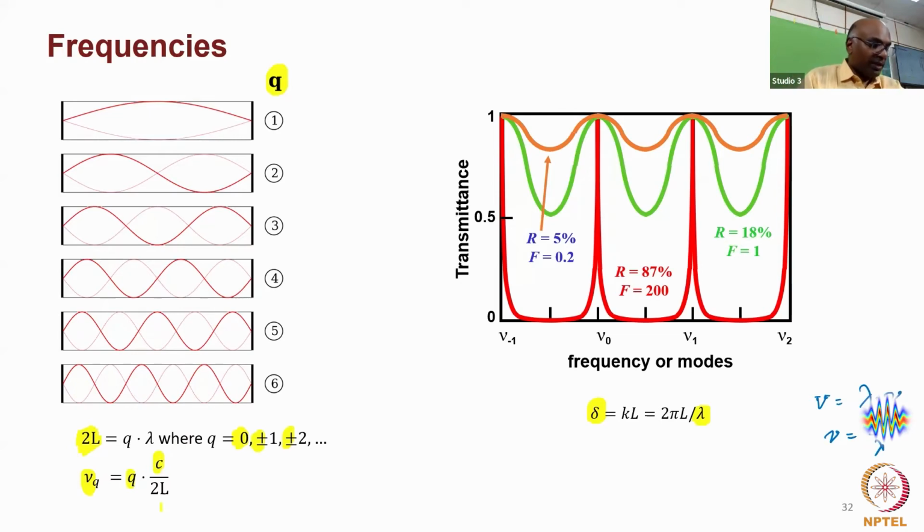Or we could have replaced the c by v, the velocity of light in our medium of interest, divided by twice the round trip length, 2L. Okay, so these are various eigenfrequencies of the system at which the transmission attains a maximum.